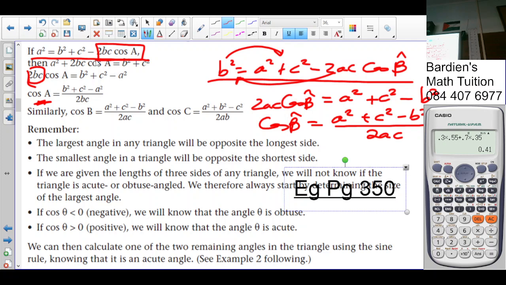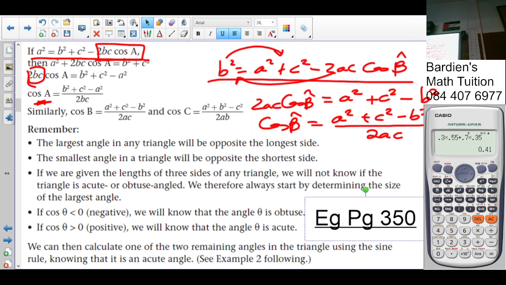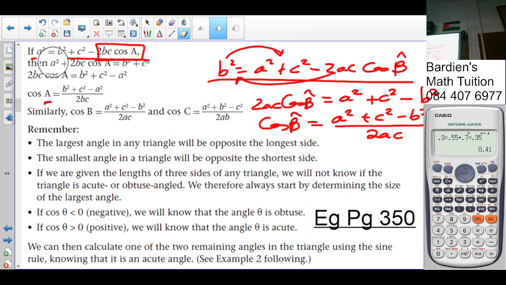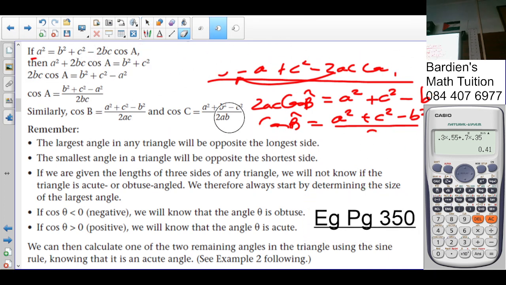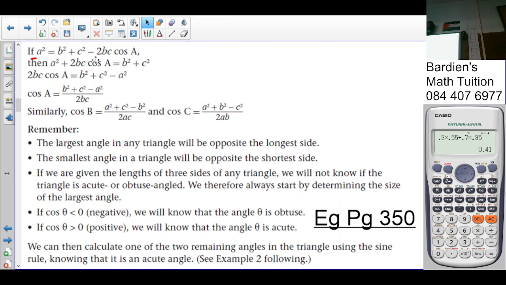But I don't have time to memorize formulas, so what I do is I just do the substitution and manipulate the formula. At this level you can manipulate. But if you want to remember formulas, no problem, go ahead and memorize those three formulas.